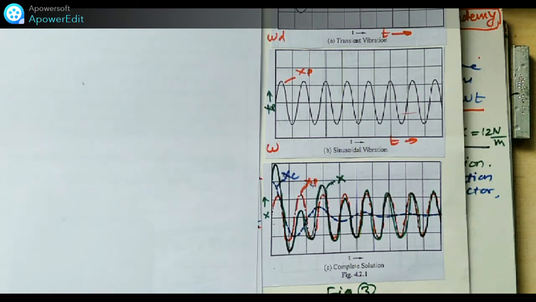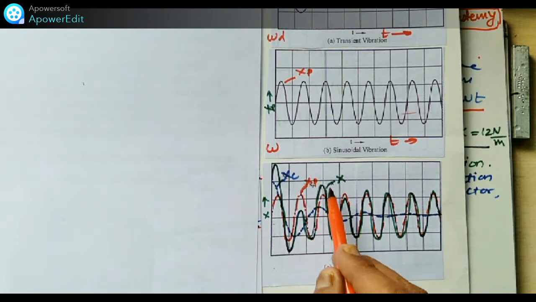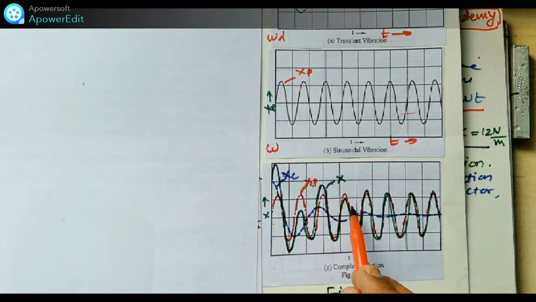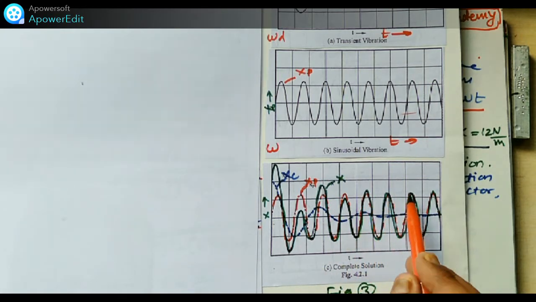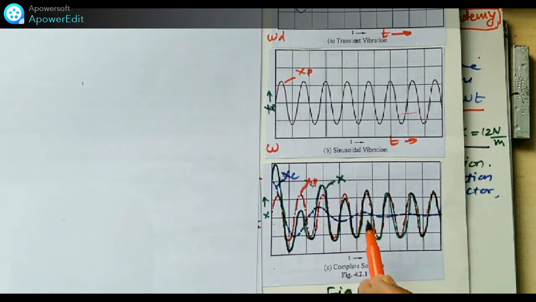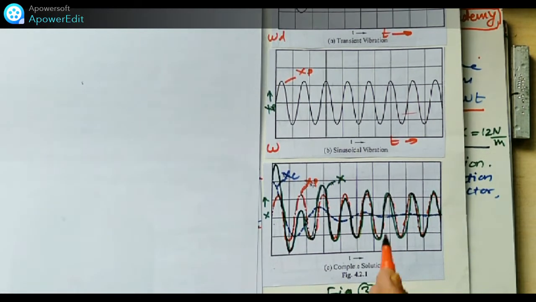See here, this transient vibration comes to this green color, you can observe here. Now it becomes steady state onwards from this position. After this, it will continuously be steady state, and the sinusoidal waves follow it for the complete solution.